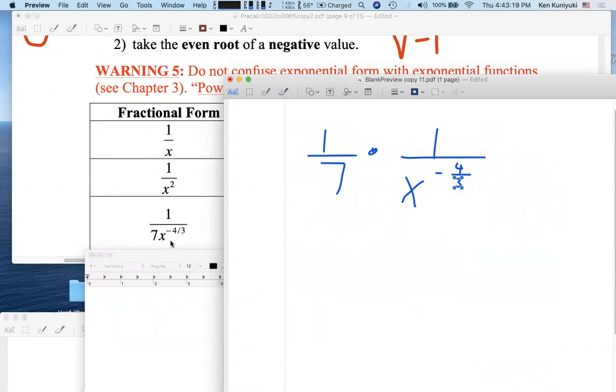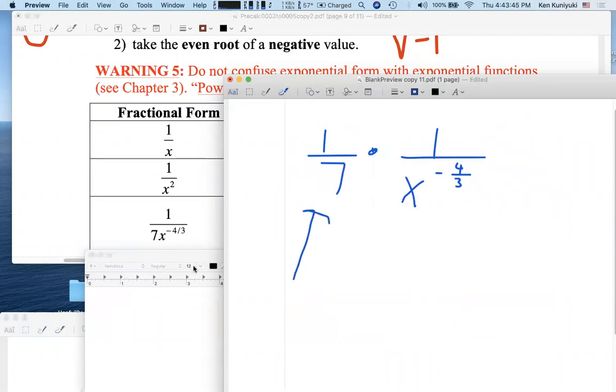If you have a 7 down there, the corresponding factor is 1/7. And that's the coefficient here, 1/7. See, the negative exponent here, it tricks people into thinking they can move up the 7. But the base for the negative 4/3 is x, not 7x. The negative exponent has nothing to do with the 7. So our coefficient here is 1/7, not 7.